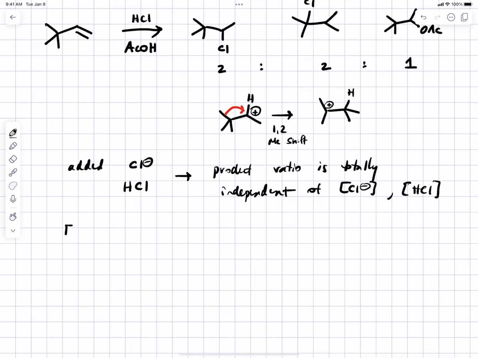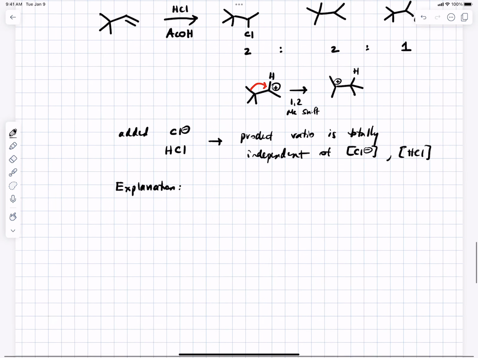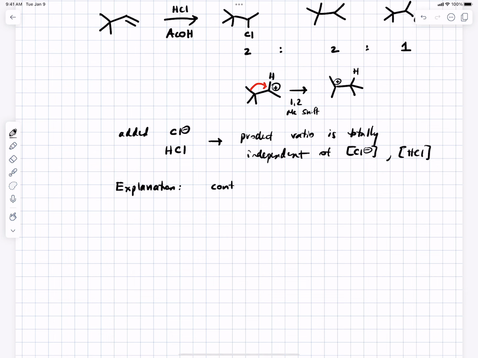And the explanation involves something that we probably haven't considered before, and that is something called a contact ion pair within a solvent cage.